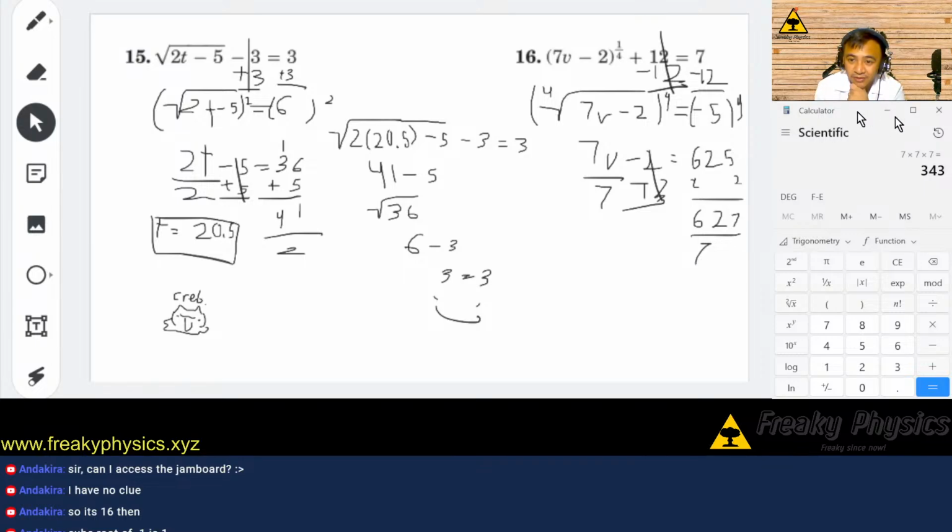Just put the calculator in, I guess. 627 divided by 7. It's not divisible by 7, so that's the final answer already. If you want to write down the decimal form, that should be fine. If you're allowed a calculator, then do this. Otherwise, leave it in fraction form. Okay, great.